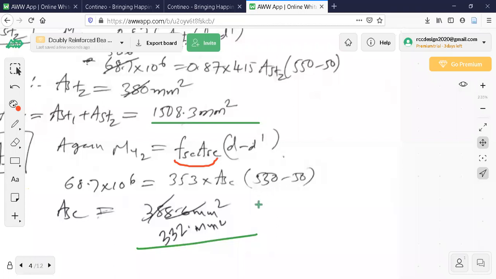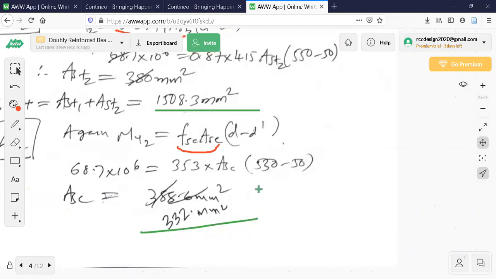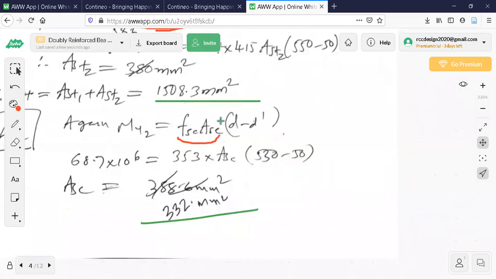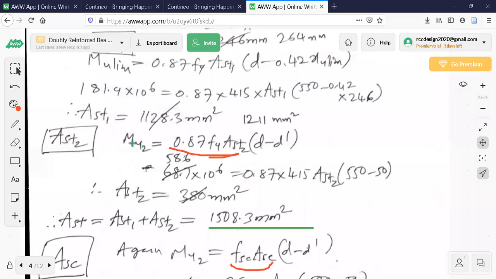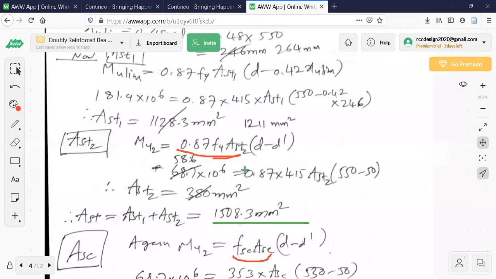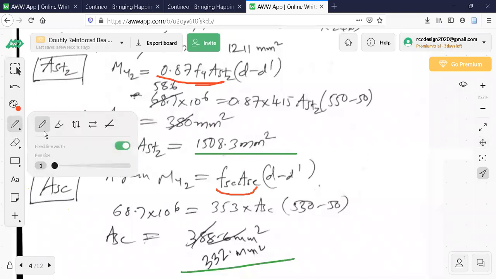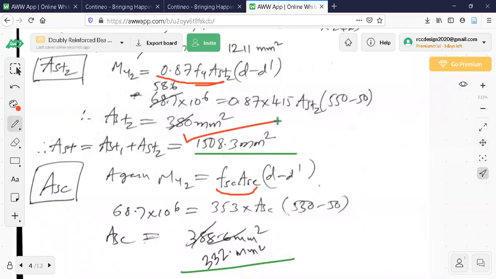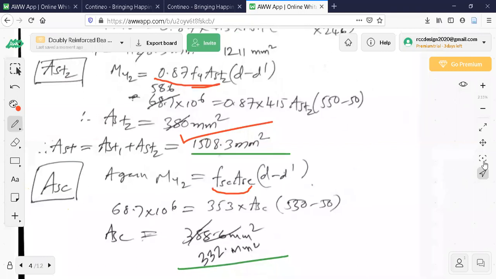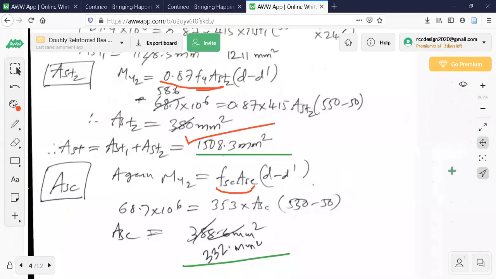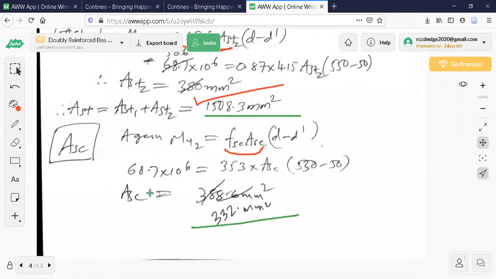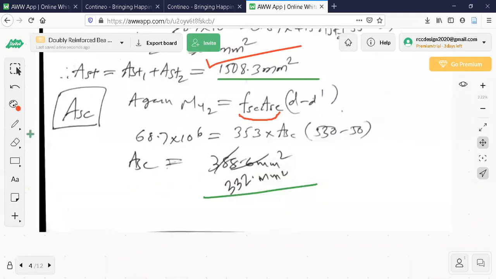Try to remember this number 1508 or write it somewhere. 332 is the ASC value. It means I have done all these calculations, so many things I have done, and finally I have arrived at this value. Here also, after so many calculations, I have arrived at this number.